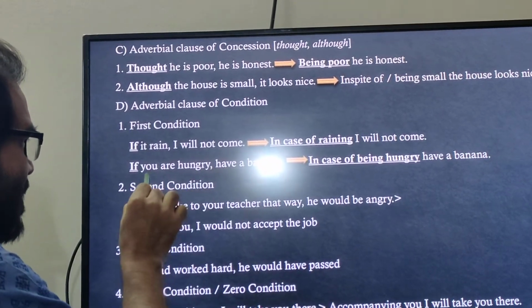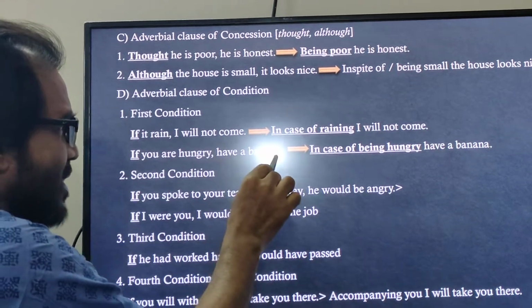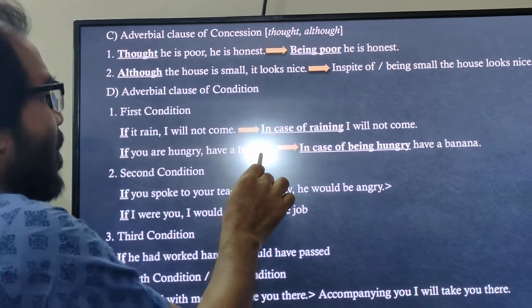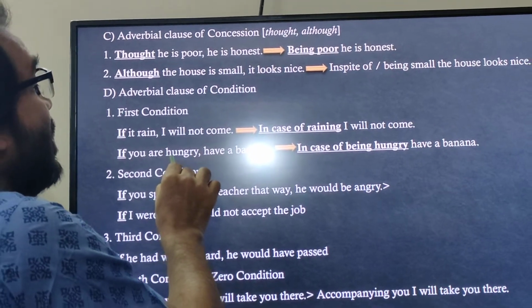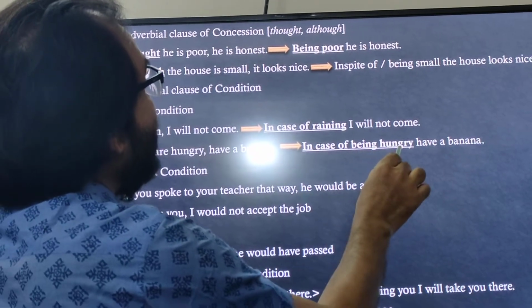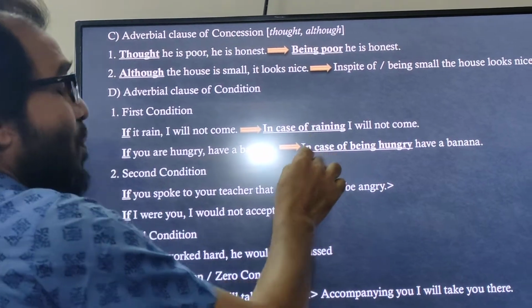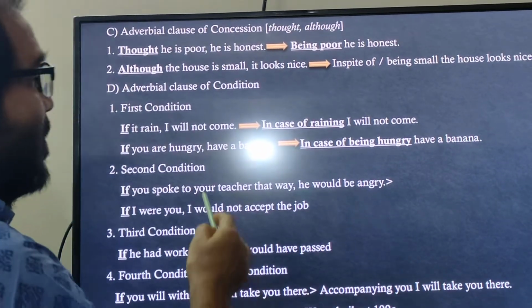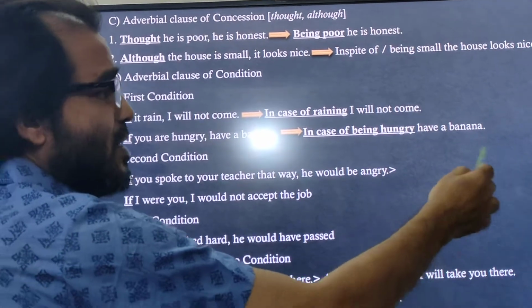If you are hungry is the present form of the sentence; have a banana is the imperative mood. So the conditional clause has been transferred into a conditional phrase: in case of being hungry, in case of raining. Whenever a conditional clause is changed into a conditional phrase, the sentence becomes simple automatically.